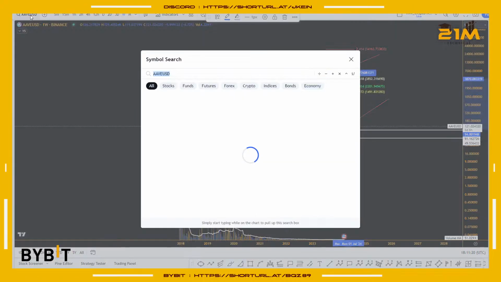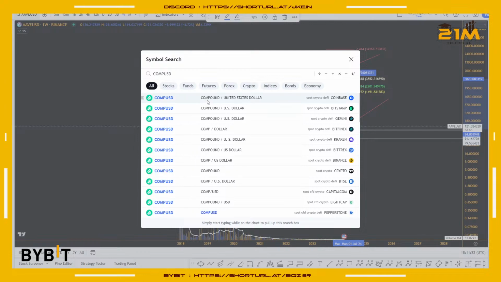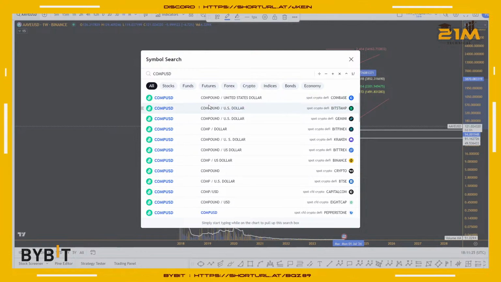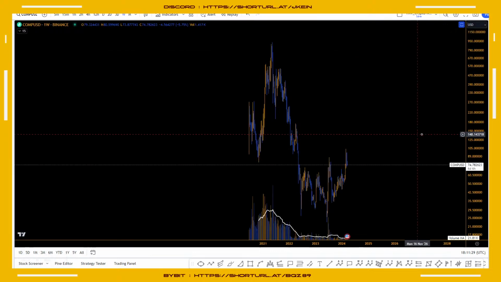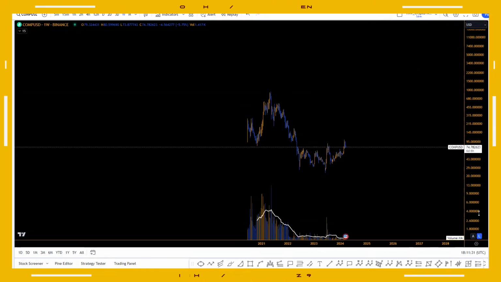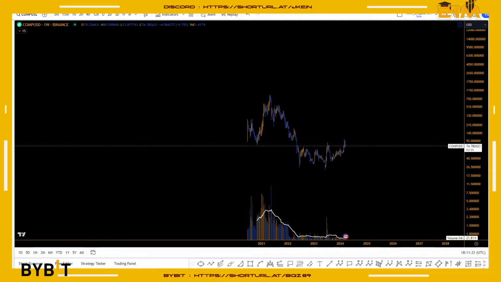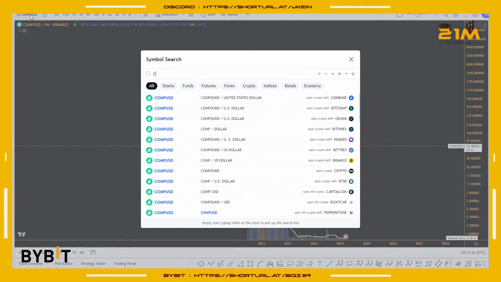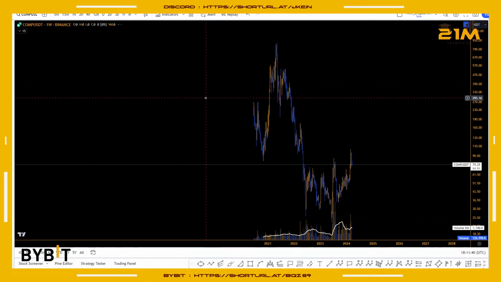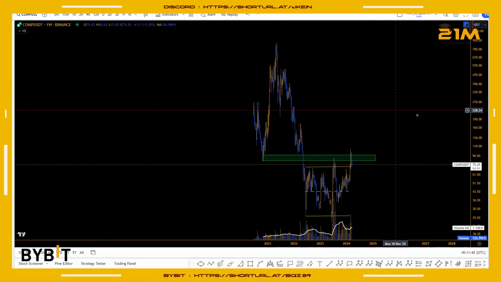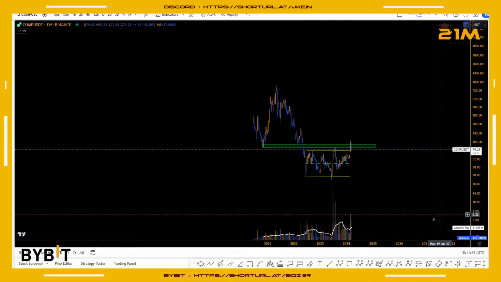Similarly, look at not only Aave, because if Aave pumps, then its friend Comp is of course going to pump as well. Comp is in very early stages. Let me just have a proper chart for Comp on Binance. Perfect. Look at here.